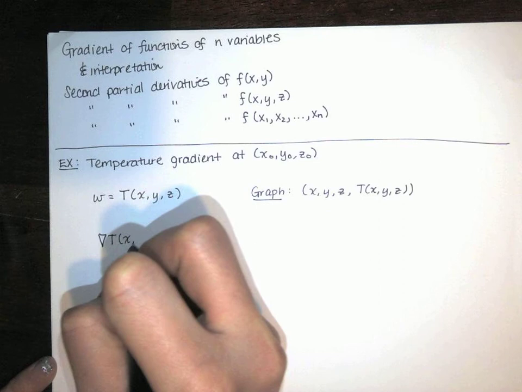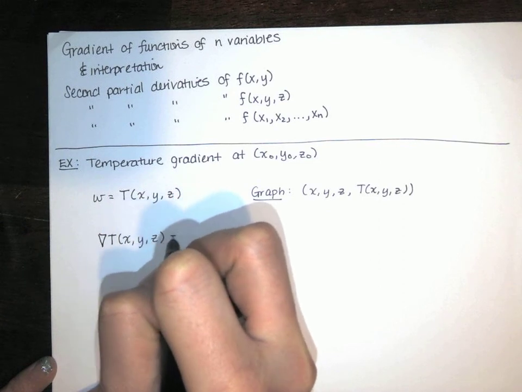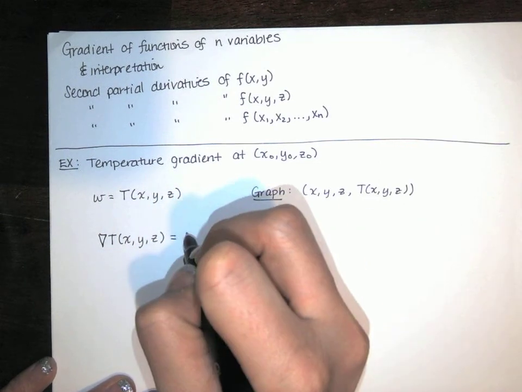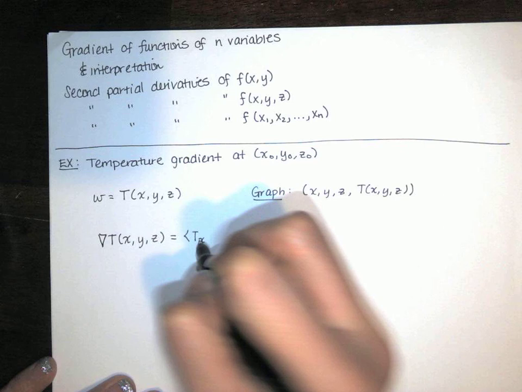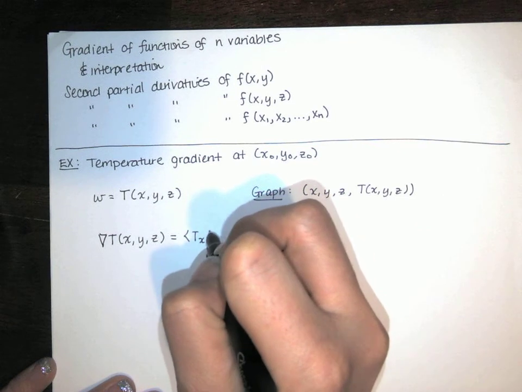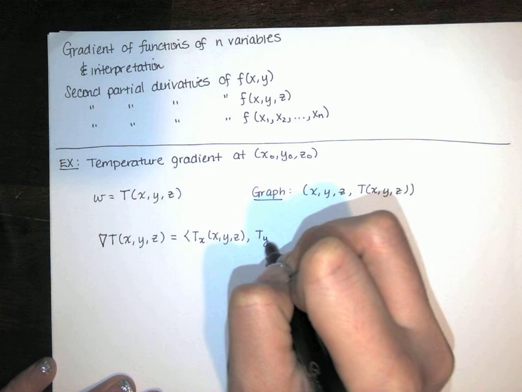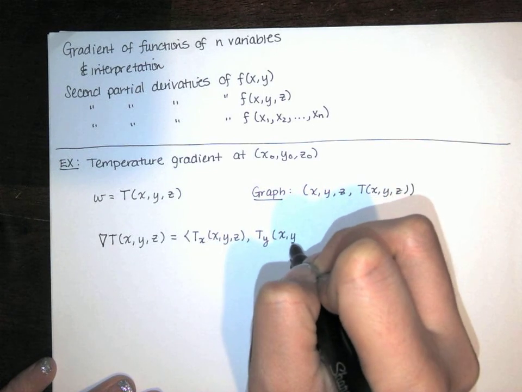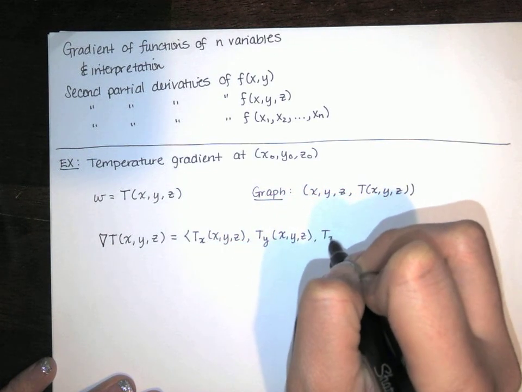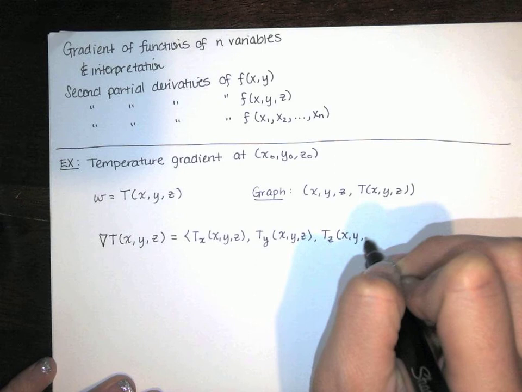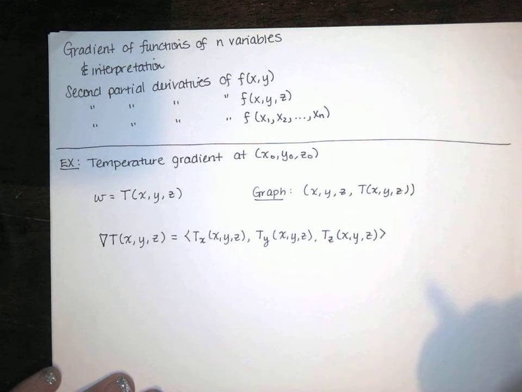It's a function of three variables, so that gradient is going to have three components. I'll have the partial of T with respect to x as a function of x, y, and z, the partial of T with respect to y as a function of x, y, and z, and the partial of T with respect to z as a function of x, y, and z.